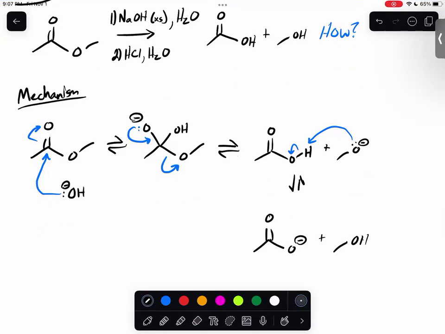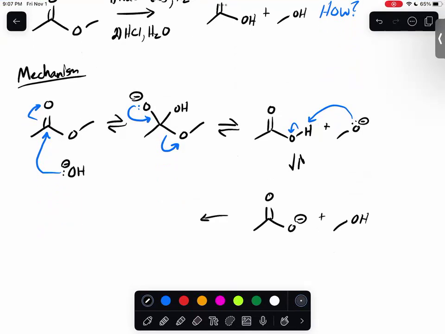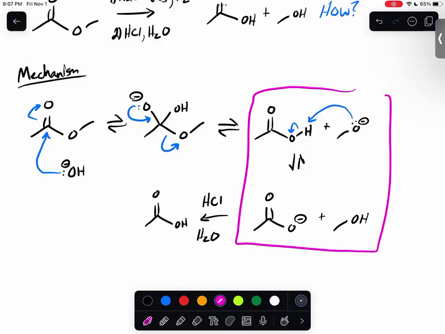All right. And then from here, of course, by taking this and adding in the HCl and H2O, you're going to get your appropriate carboxylic acid after workup. But that step right there, this acid-base chemistry, this is the reason this is favorable, right?